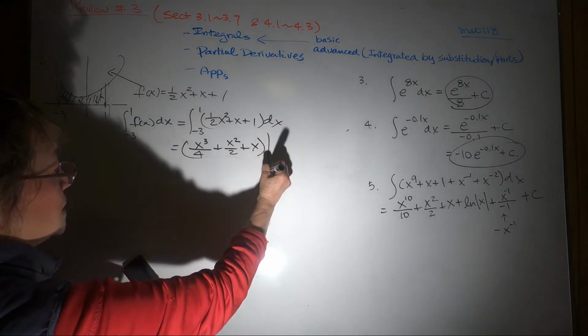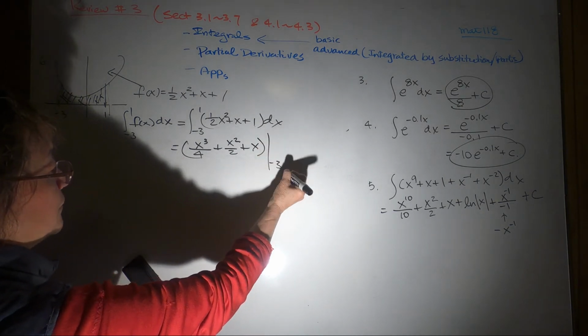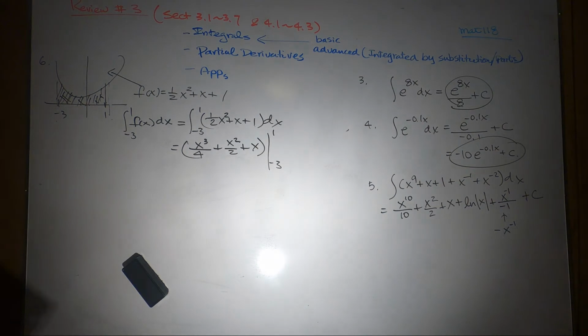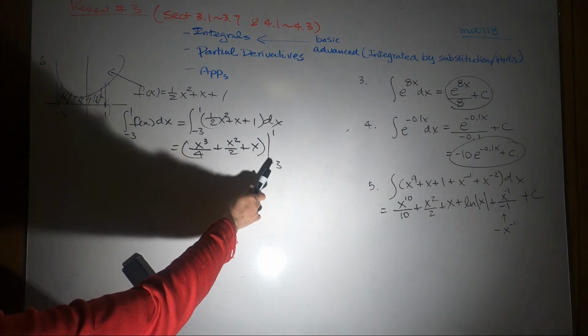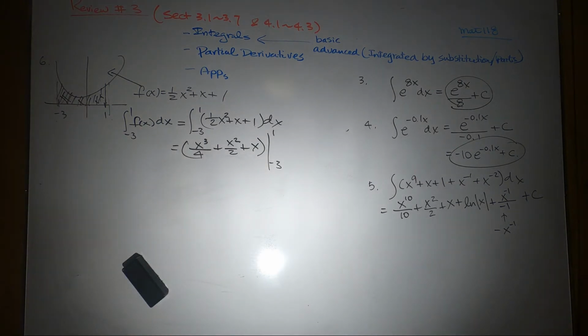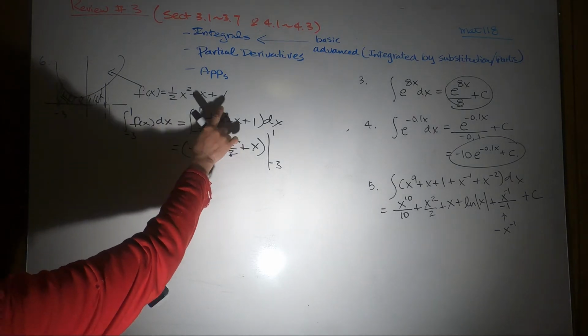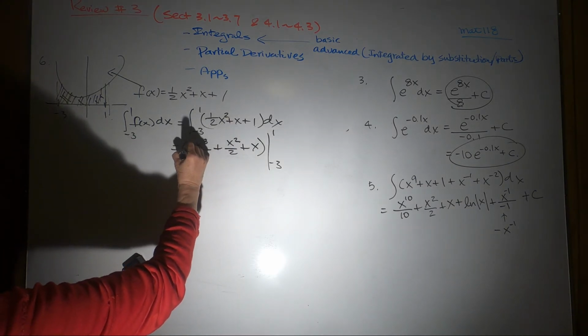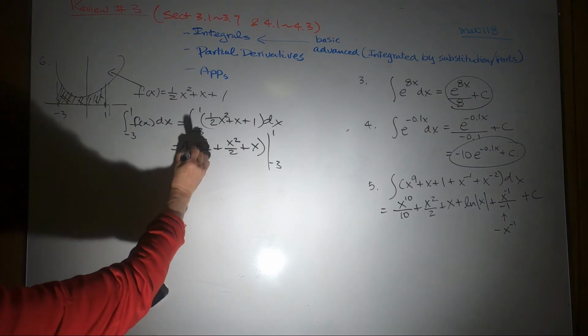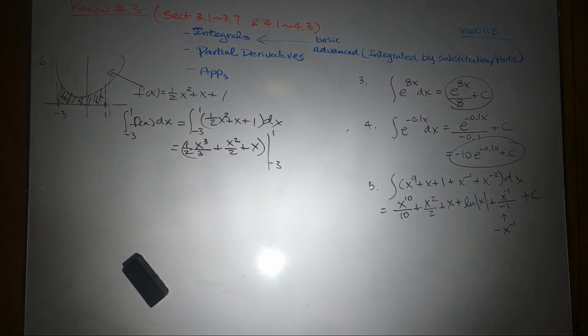Then we do the definite integral. We use the fundamental theorem of calculus with this kind of symbol. Then we just plug in the values. Oops, this is a 3, I should divide it by 3. So I better write it out that way.